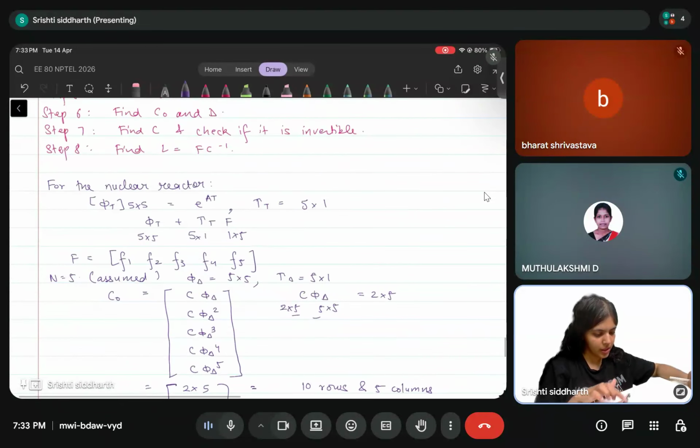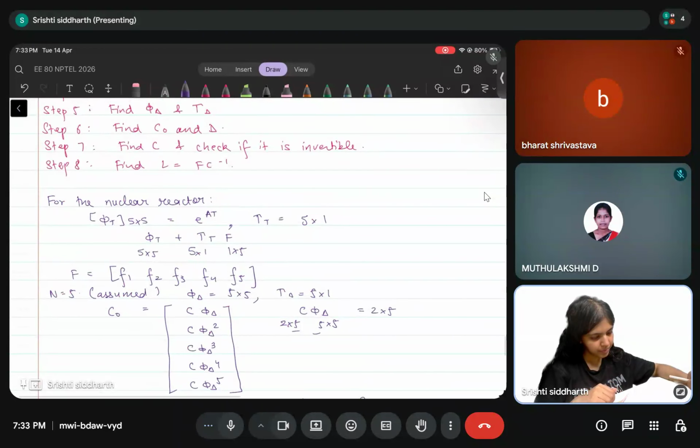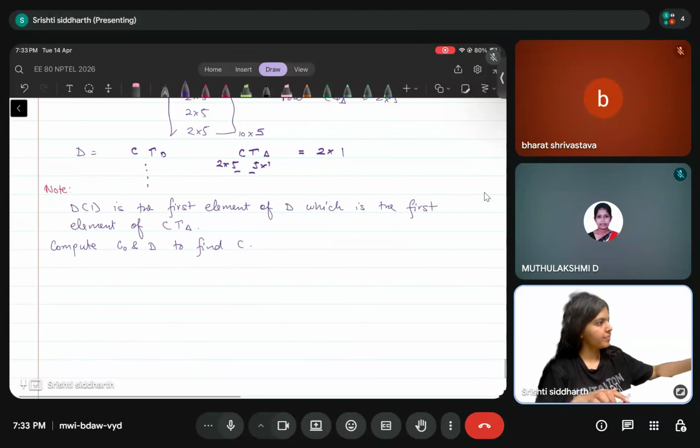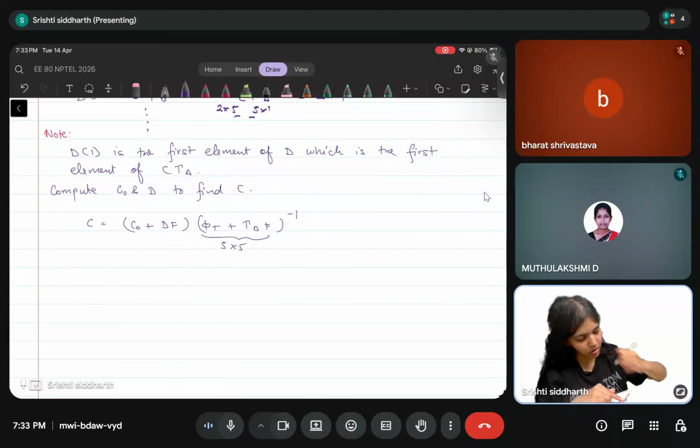So what's the dimension of C? It is C0 plus D F phi t plus gamma delta F. So this is 5 by 5. This is inverse.